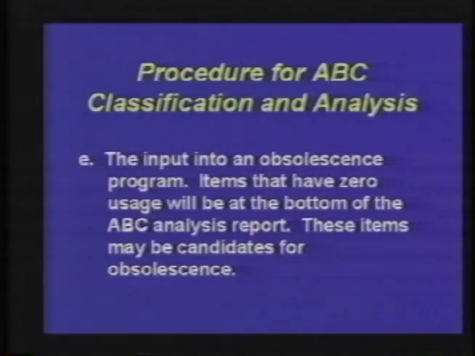And as item E indicates, it's the input into an obsolescence program, and we did discuss obsolescence in section 3 on page 5, so it's something that you may want to go back to and make reference relative to that particular program. Now what we're going to do is move into the procedure, the outline for cycle counting.